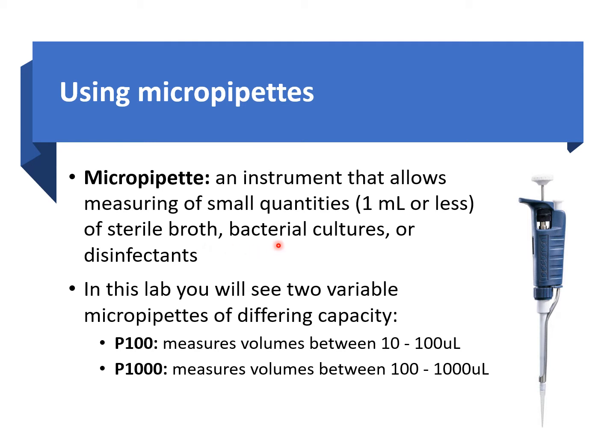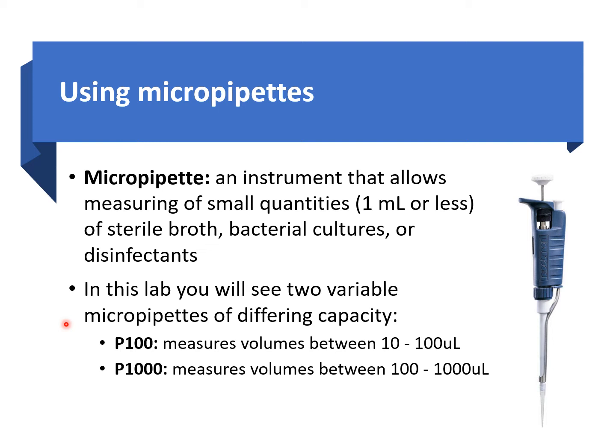Or if we want to measure bacterial cultures that are growing in a liquid medium, or we want to measure disinfectants, we have to use micropipettes if we want to measure any small quantity of fluid.